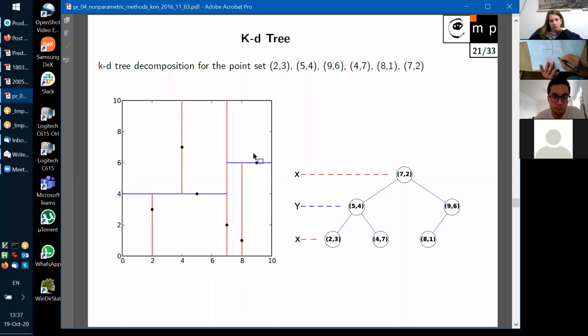Maybe level 3 here. Now, my test point is usually a point that is not in the training set. So something like that. So how do we find the nearest neighbor in the KD tree?